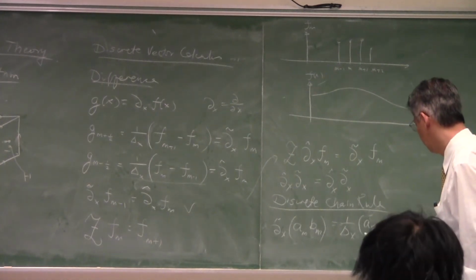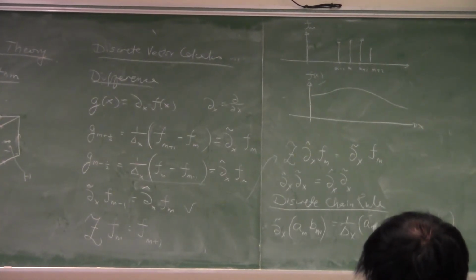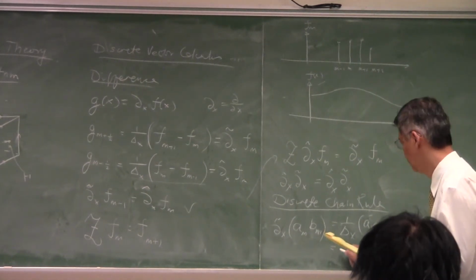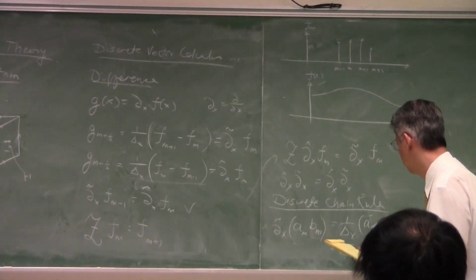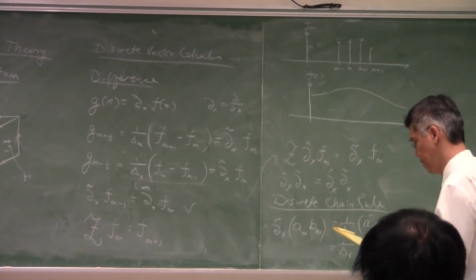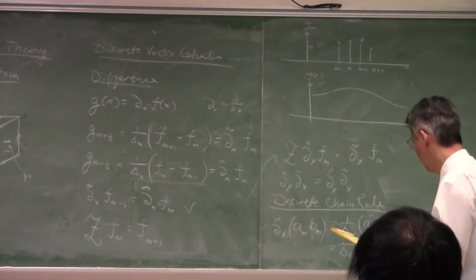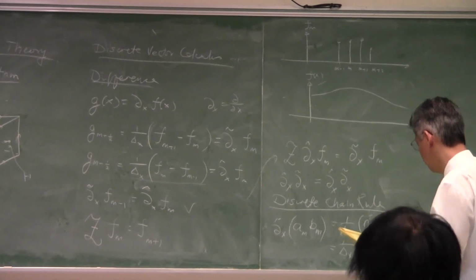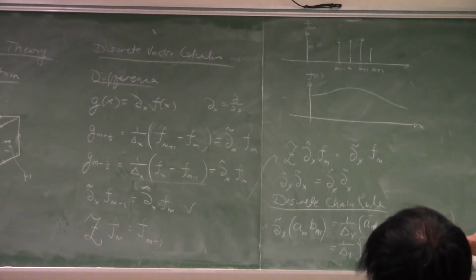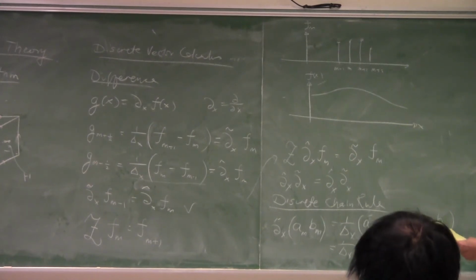And you can rewrite this difference as being equal to 1 over delta x, A_{m+1} times (B_{m+1} minus B_m) plus B_m times (A_{m+1} minus A_m).